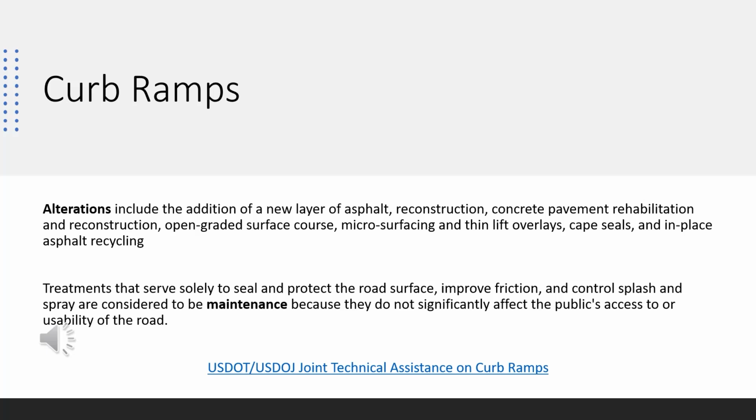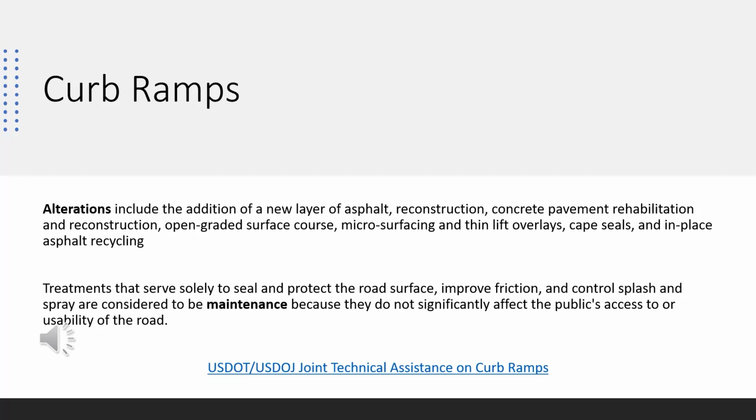Curb ramps are required to be added to an existing facility when there are alterations, but not when there's simply maintenance. So alterations include the addition of a new layer of asphalt, reconstruction, concrete pavement rehabilitation and reconstruction, open graded surface course, microsurfacing and thin lift overlays, cape seals, and in-place asphalt recycling.